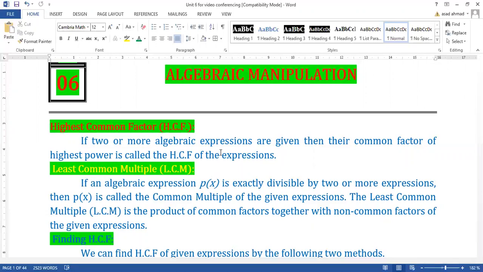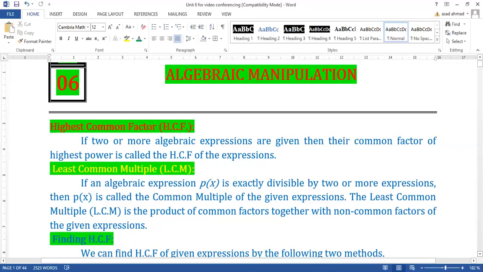Actually, either we want to find HCF or LCM, in both ways we have to factorize, which is a requirement of both these types of questions.